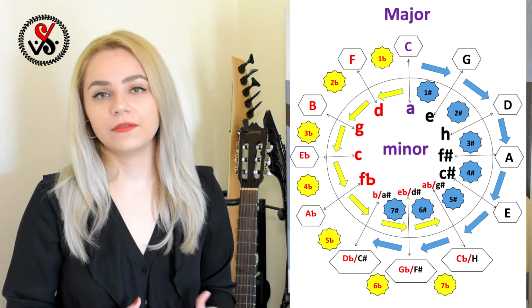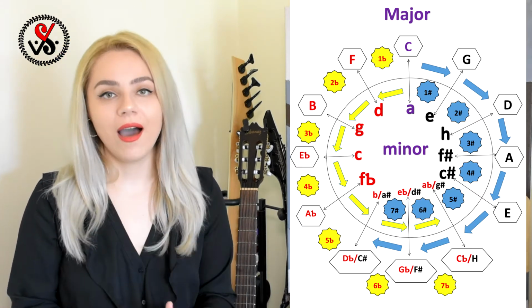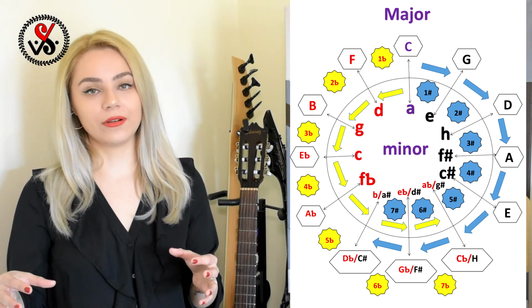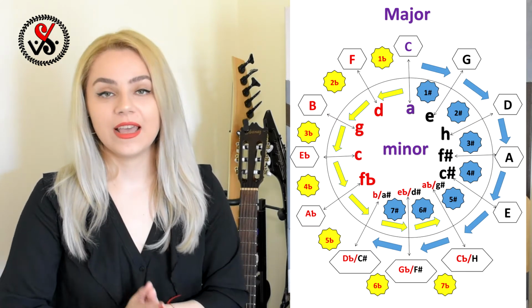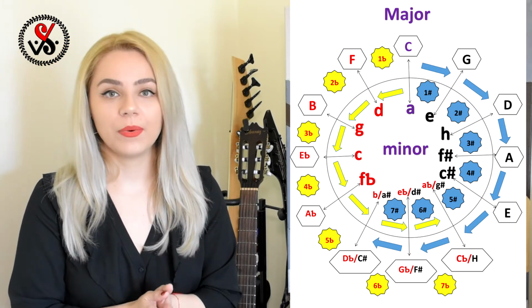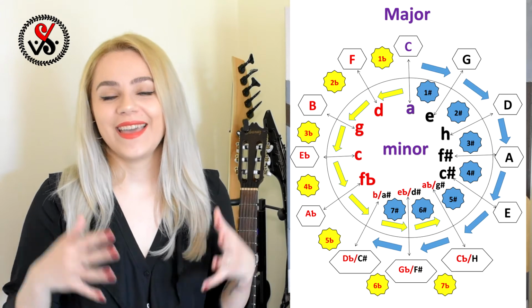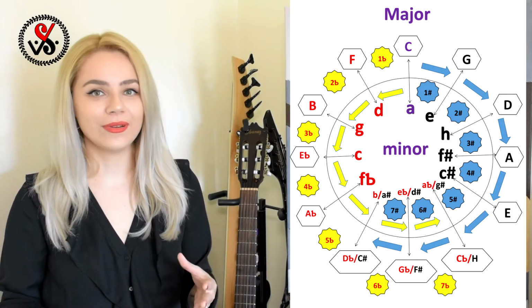If we build from E a perfect fifth, we will get H. And in H major we will have 5 sharps: F sharp, C sharp, G sharp, D sharp, and A sharp. And you can continue so on.